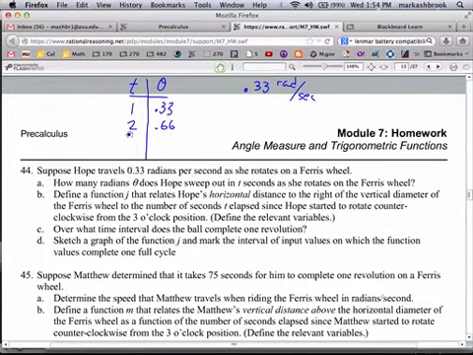In 10 seconds, you're going to go 10 of those, right? Every second you go that many radians, so in 10 seconds, you'll go 10 of those, or 3.3. Okay? How about in t seconds then? So in t seconds, you'll go 0.33 t radians.